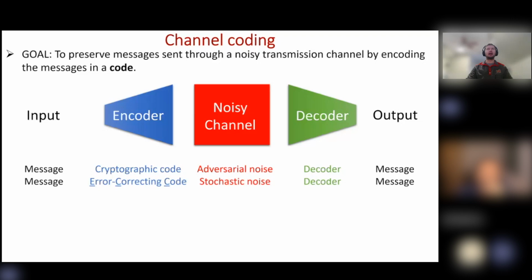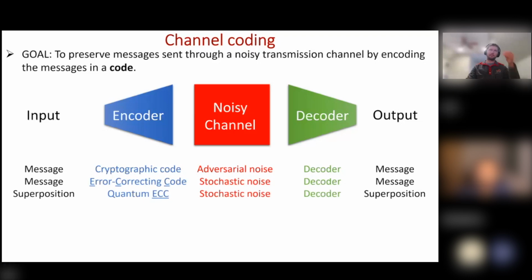But again, I wanted to point out that we're basically around the corner from the cryptography community, so it's potentially interesting to see if there are any parallels. Similarly, if you're encoding a quantum message, which is also known as a superposition, you require a quantum error correcting code.